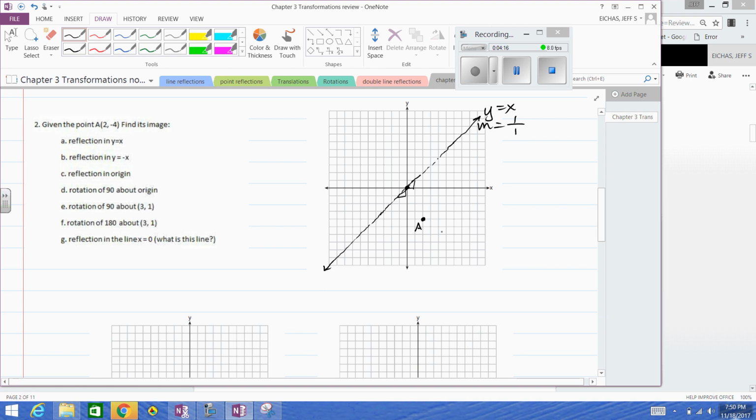Well, I always teach my students to go with the path first. What path is A going to travel to get to A prime? It's going to be perpendicular. Now, perpendicular to y equals x, use a slope, right, that's -1/1.